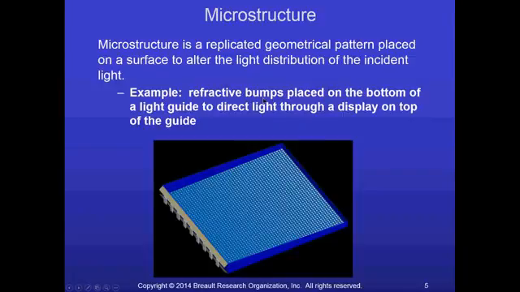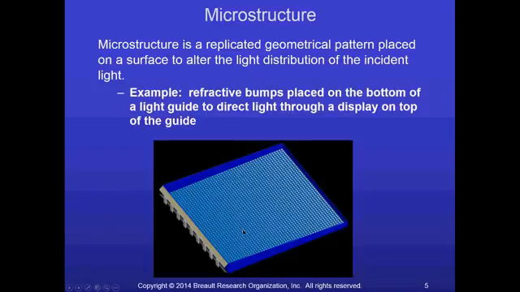In this particular case, what we see here is a backlight display issue where we have a series of refractive bumps, microlenses, if you will, placed across the bottom of the light guide, and they're going to redirect the energy that comes through the display to the top of the guide. And obviously the top of the guide is removed from this picture so you can see what's underneath.